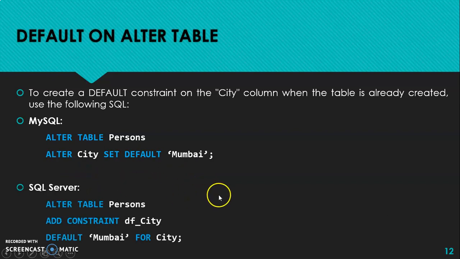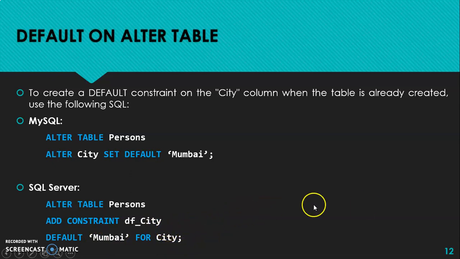If you are using SQL Server, alter table person, add constraint, the constraint name, say df city, default Mumbai, the value for city, the column name. Here again, alter table name, that is person, add constraint name, that is default city, default the value, that is Mumbai, for the column, that is city.